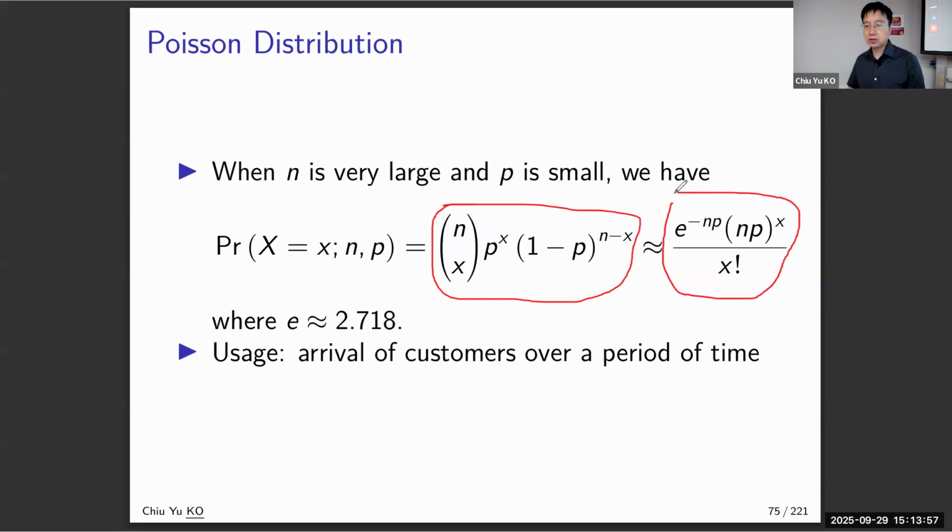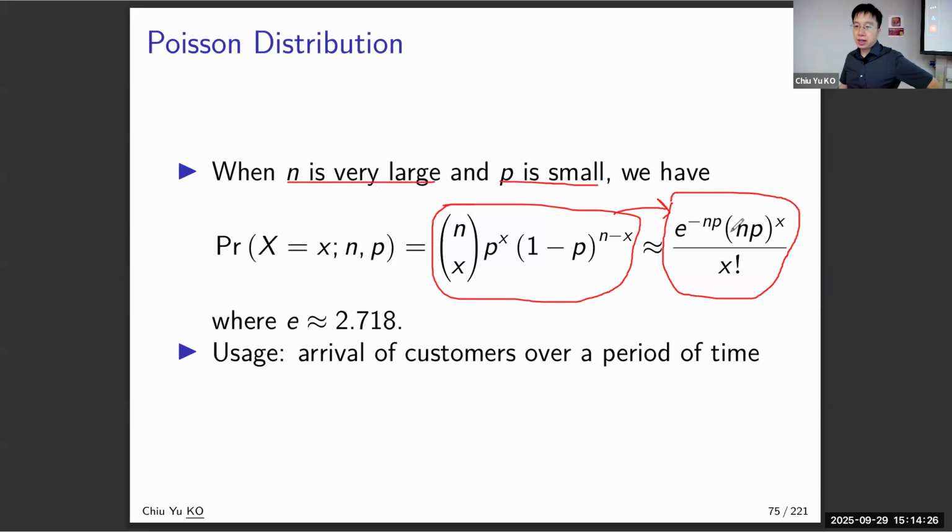In calculations, it's much easier, because combinatorics has 3 factorials, and here is only 1 factorial and an exponential. So in terms of calculation, it's much easier, much faster. Of course, for computers these days, it's nothing different. But at least this will become this one when n is very large and p is very small.